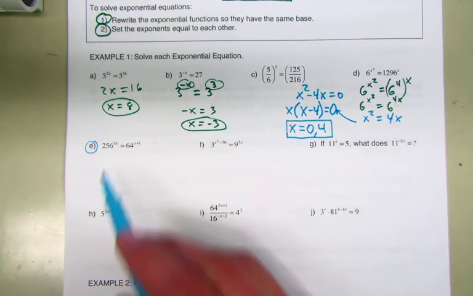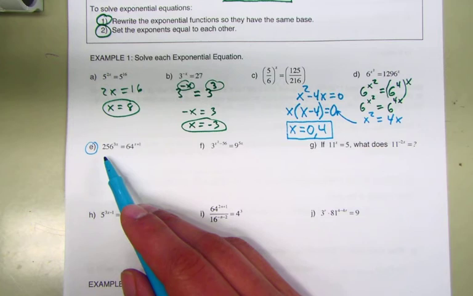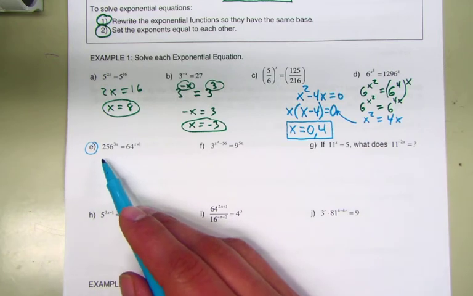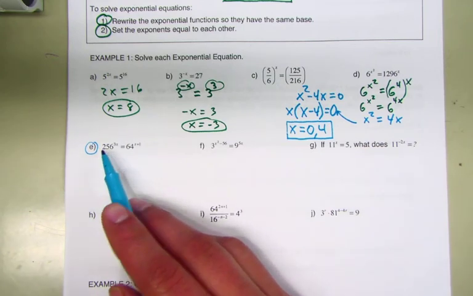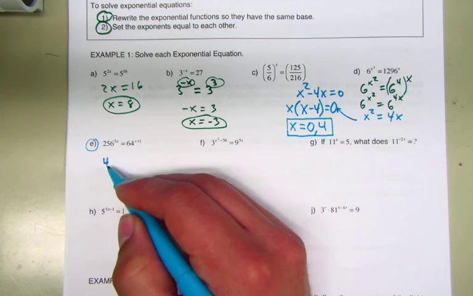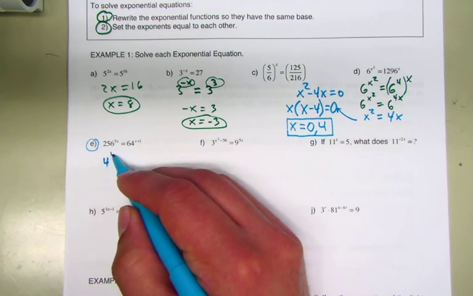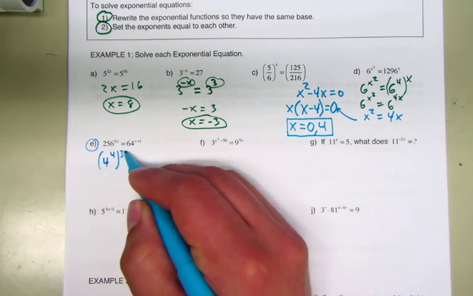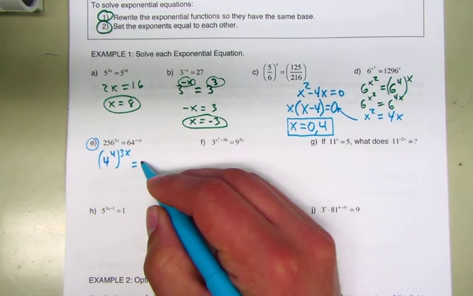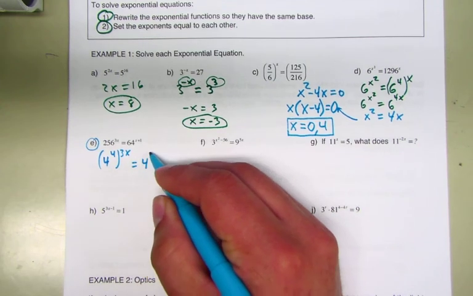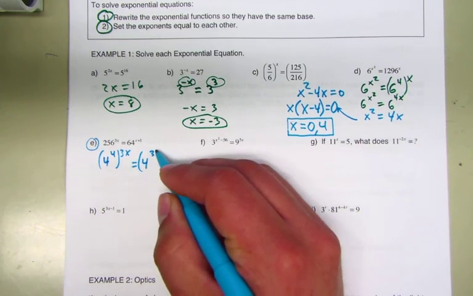Because 8 is going to give you either 8, 64, and then after that it's 512. Okay. 4 I think works though. 4 to what power? To the 4th on this side? Okay. And then 64 is 4 to the what? To the 3rd? Okay.